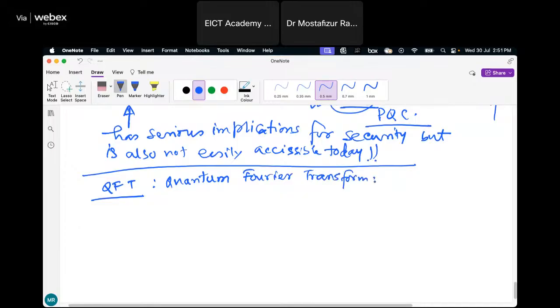I'll pause here for 2 to 3 minutes and continue again. If you have any questions on the introduction part, please feel free to put them in the chat. And I'll now derive the QFT part.